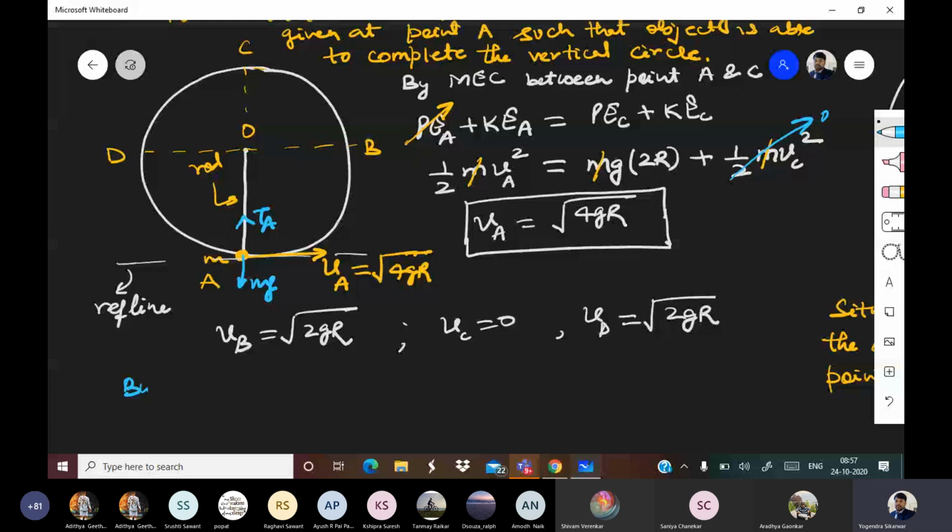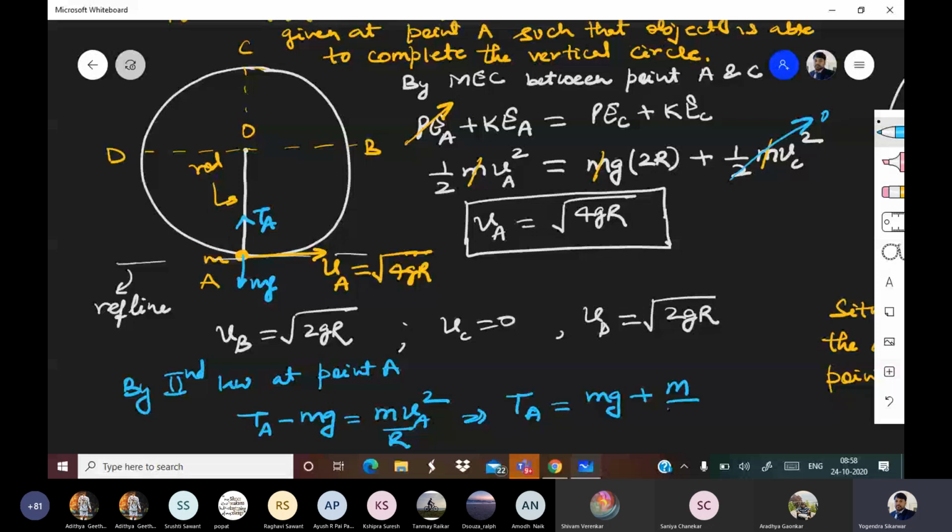At point A, what we can write is TA minus mg is equal to mVA square by r. So when we put in values, TA is equal to mg plus m into VA square by r, and VA is 4gr, the square of that.